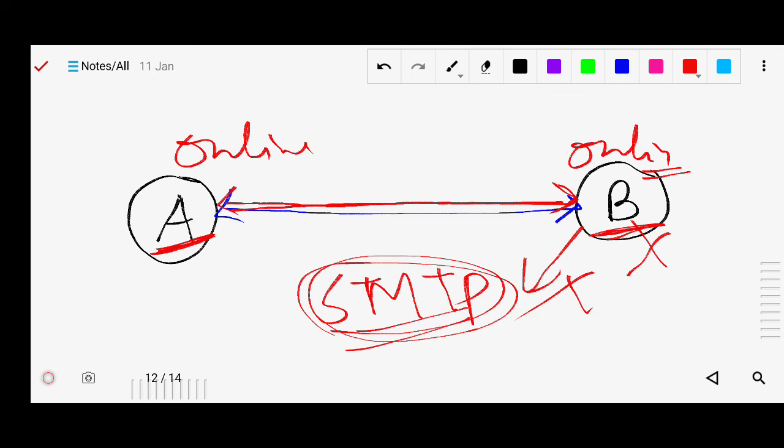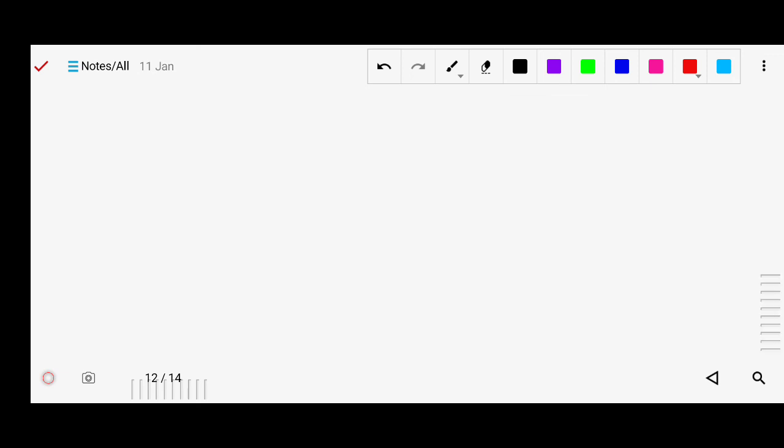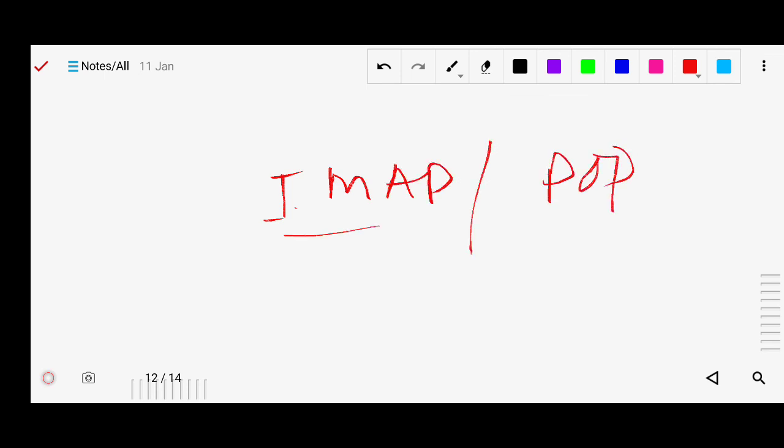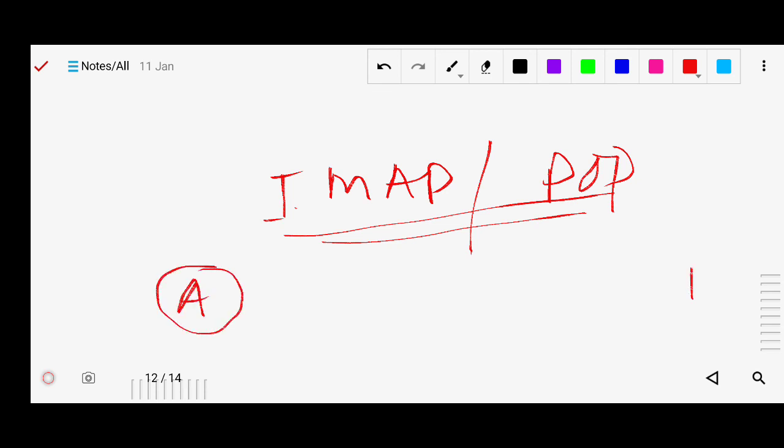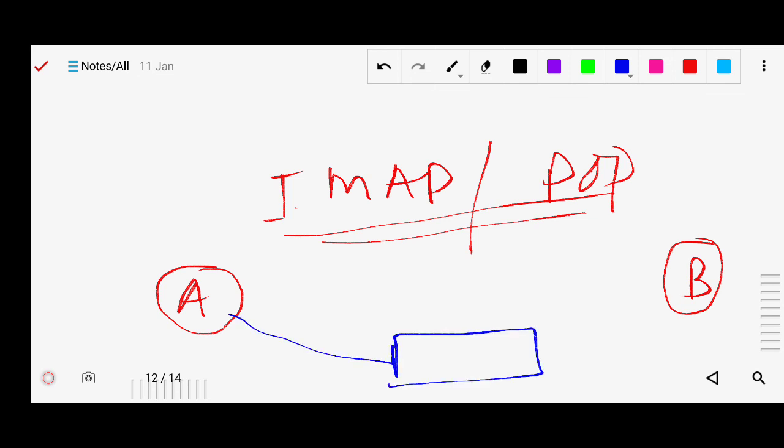But with IMAP and POP, the post office protocol, what is the benefit? Suppose A is sending an email to B. First of all, A will go to one of the servers, which is the POP server, and from this server it will go to B. Now suppose B is not online.